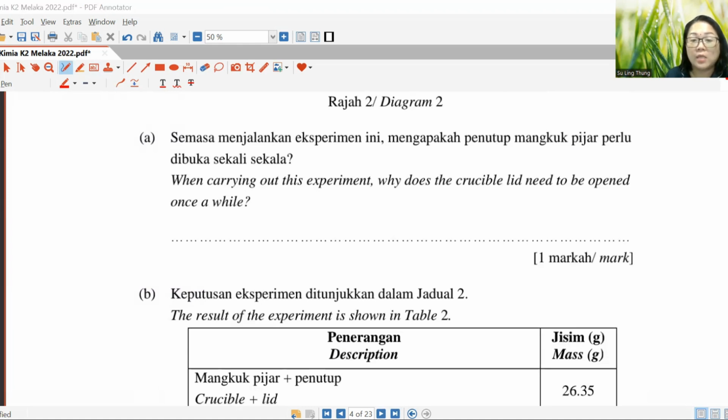To allow oxygen to enter the crucible. So we need oxygen inside. If not, we cannot burn the magnesium.